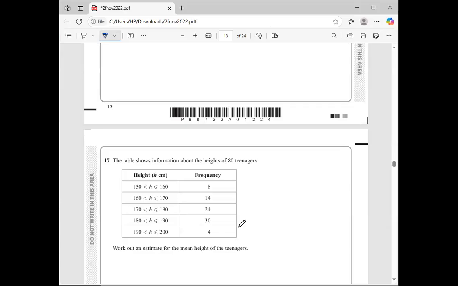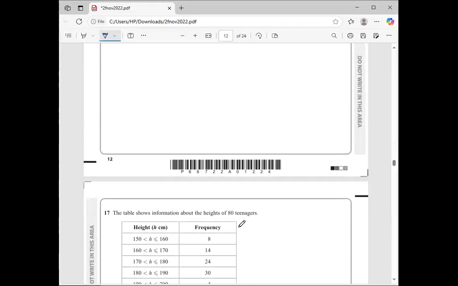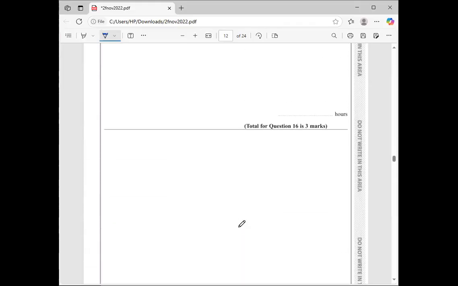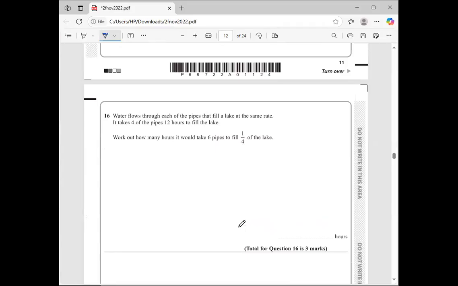Okay. Don't forget, after you multiply, you must divide by the total frequency. Is that okay? Yes. Okay, cool.